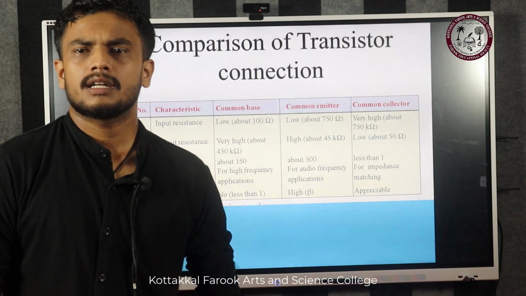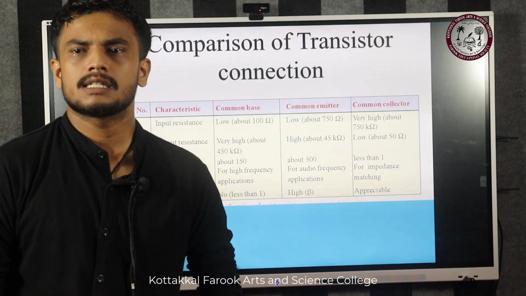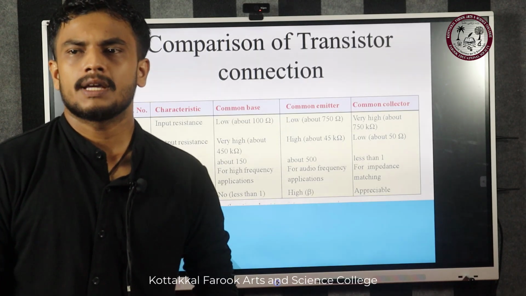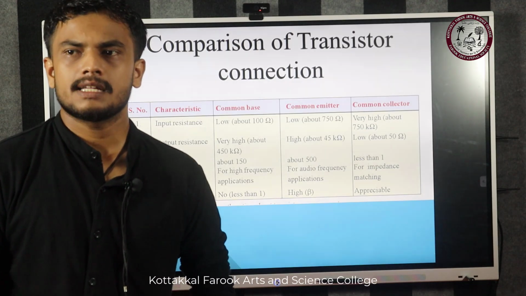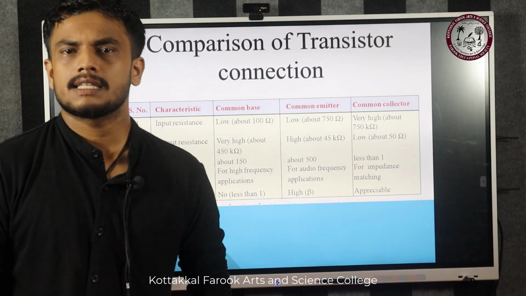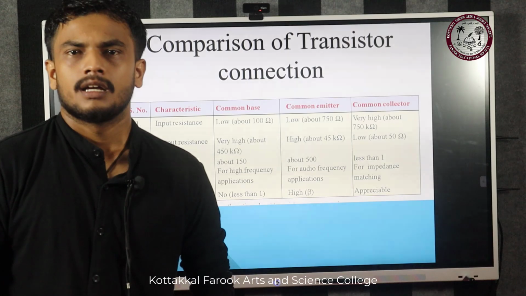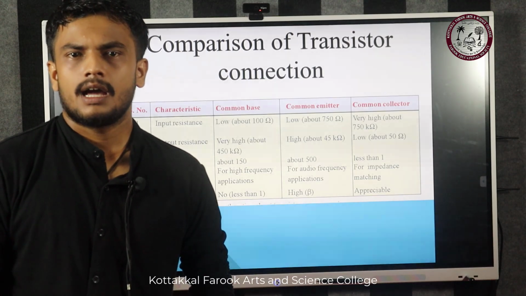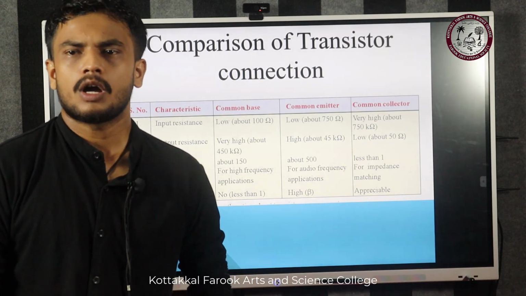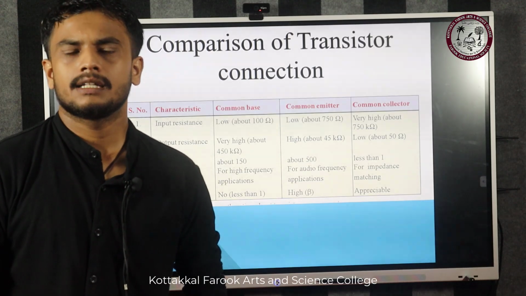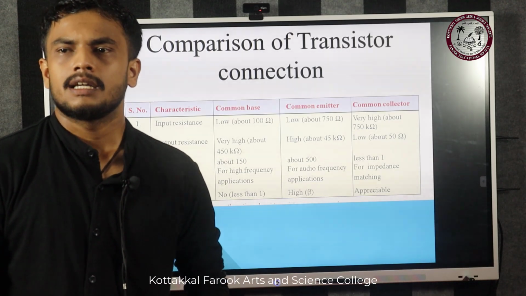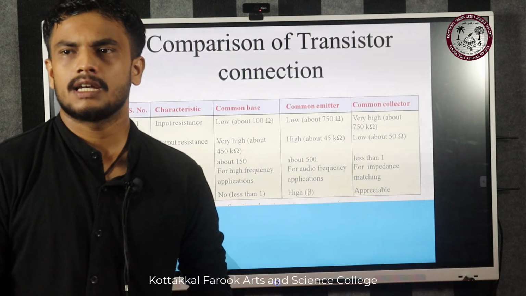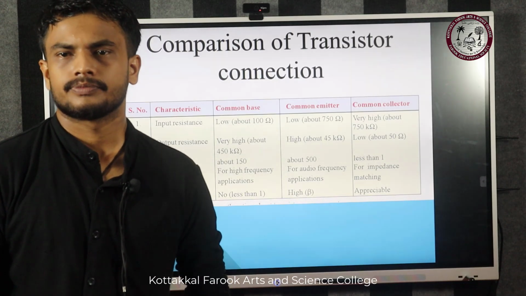The input resistance or input impedance is very low in common base and common emitter, whereas the common collector has very high input impedance. The output impedance is very high in common base, high in common emitter and very low in common collector.